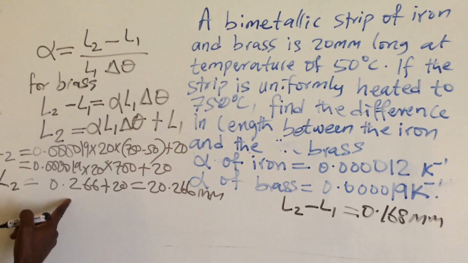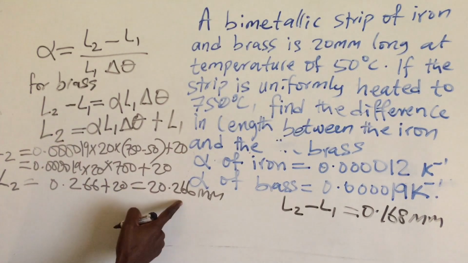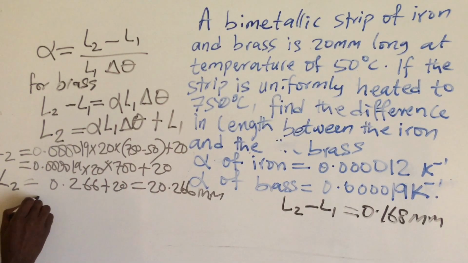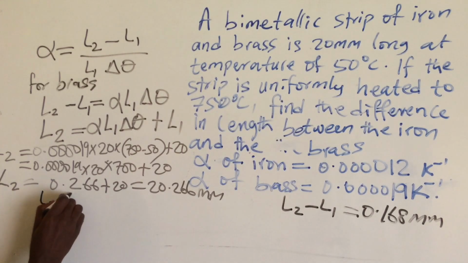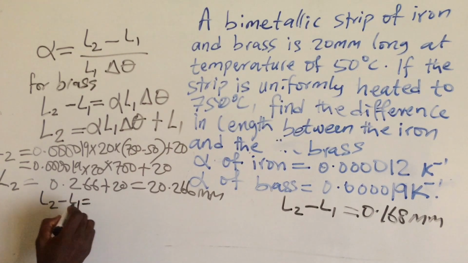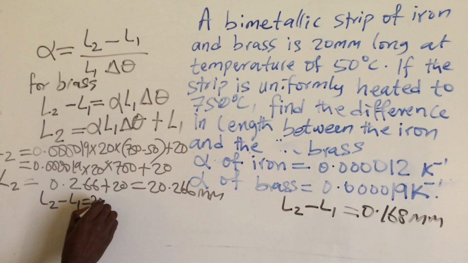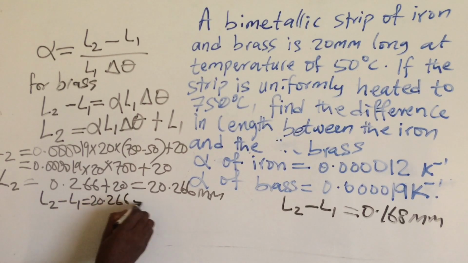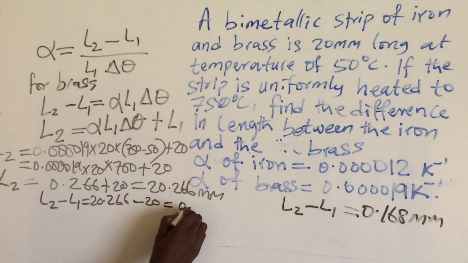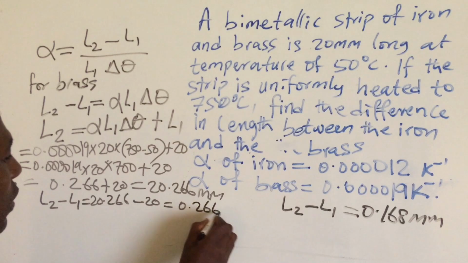So L2 of brass gives us 20.266, then the increased length, which is L2 minus L1, is equal to 20.266 minus 20, which is 0.266 millimeter.